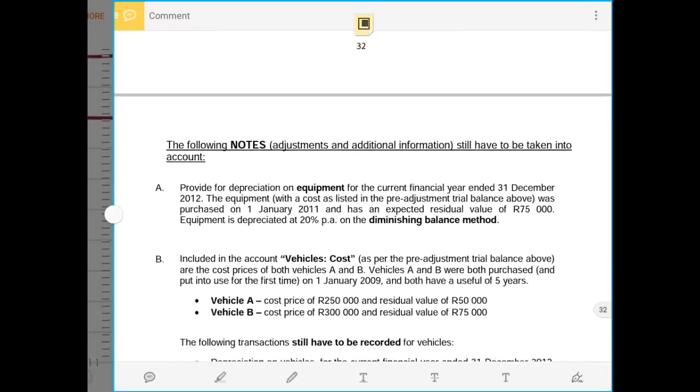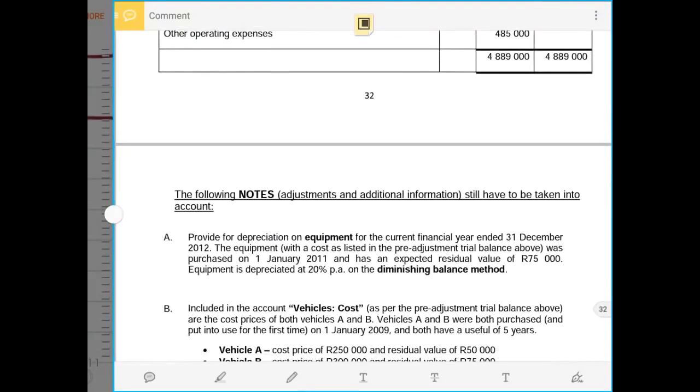Now after that we are given the notes or the additional information or adjustments that must still be taken into account.